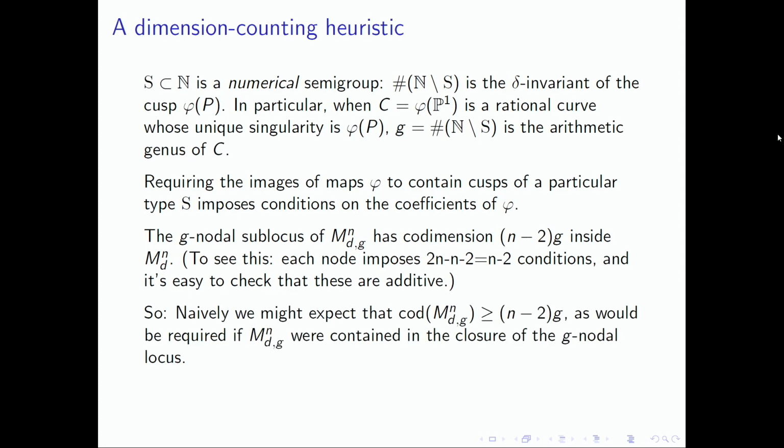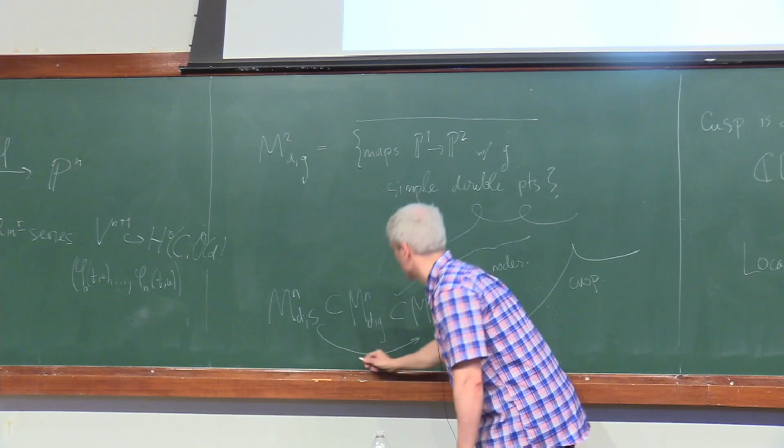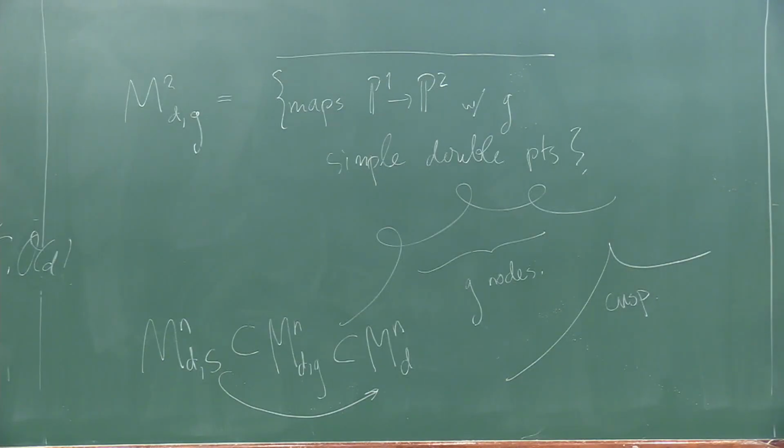OK, so if it were the case that the Severi variety of maps from P1 to Pn with images of arithmetic genus g were actually contained in the closure of the g-nodal locus, then it would necessarily have to be true that the codimension of that space, and when I say codimension, what I mean is the codimension inside the space of all maps from P1 to Pn of degree d.